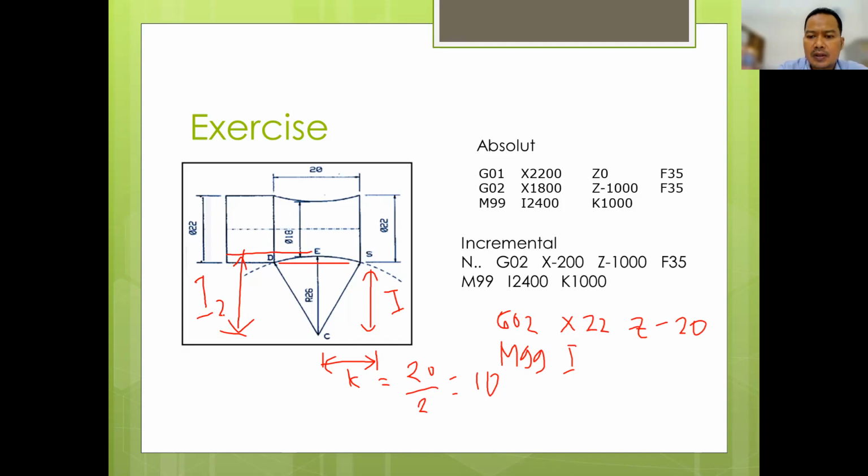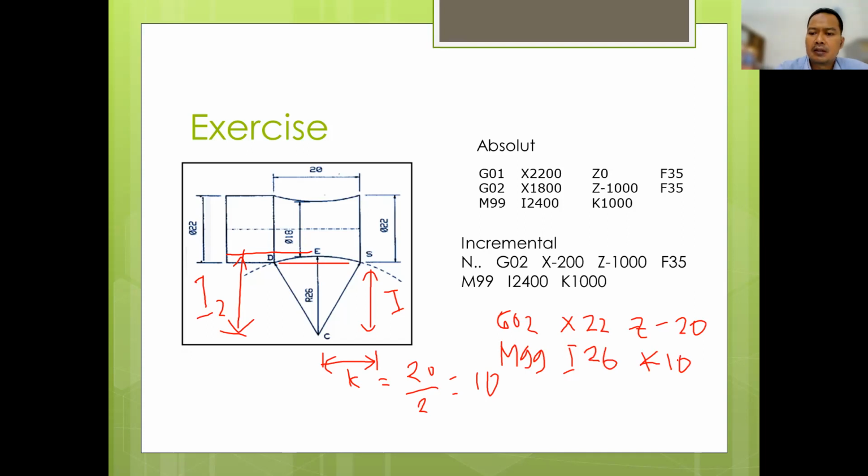So this is 26. And then the K, also this one is 10, because the starting point is from E to D. E to D is 10 millimeters.